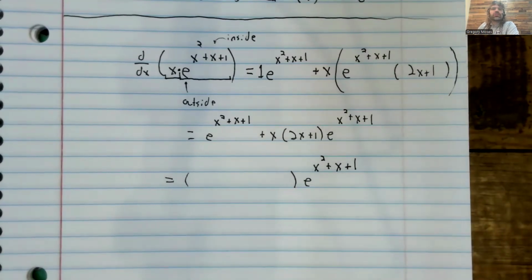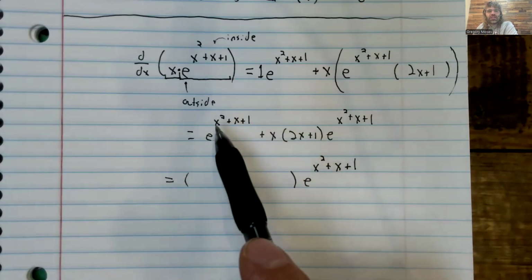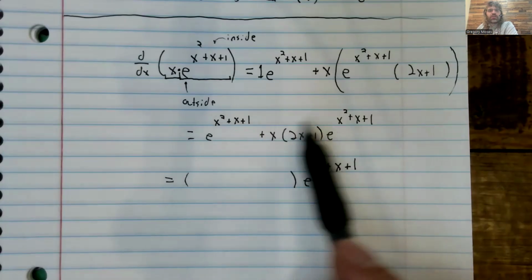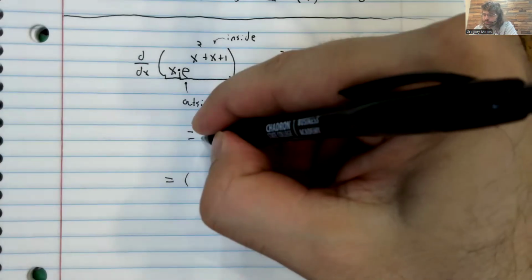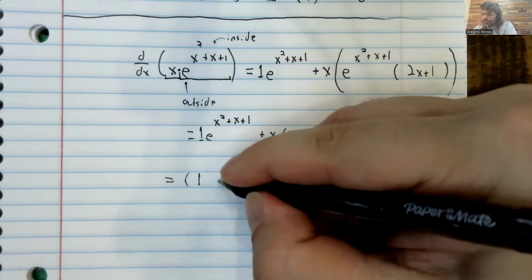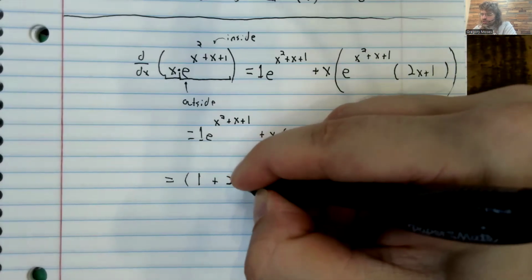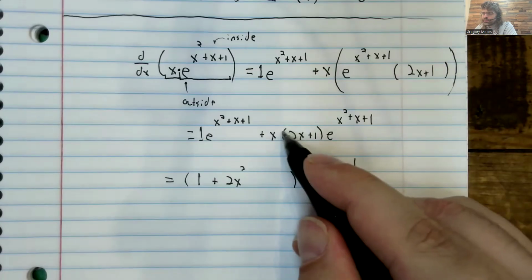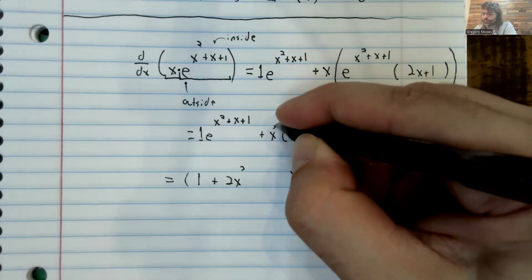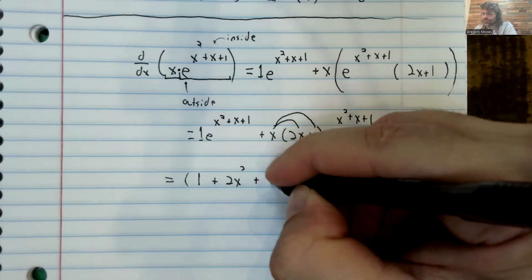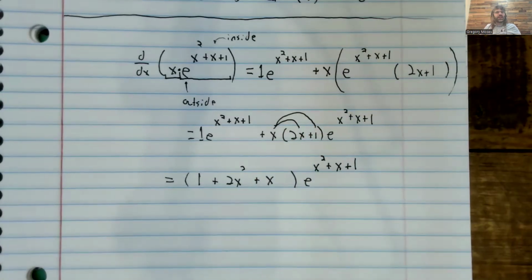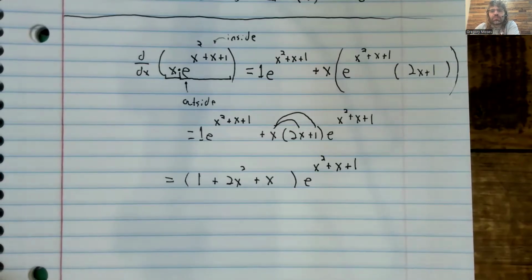But since I floated the possibility of simplifying this, we could take this e to the x squared plus x plus 1 term and pull it out, and we'd get a 1. And here we'd get a 2x squared, and we'd get an x. In any event, this is the derivative of x times e to the x squared plus x plus 1.